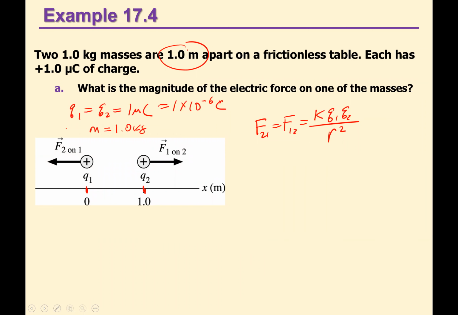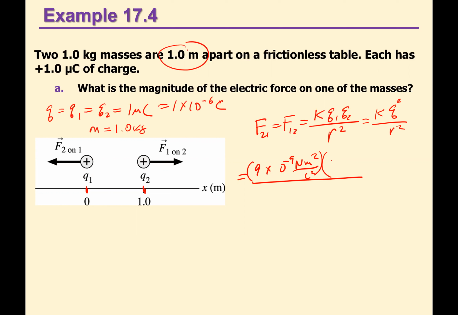So if I'm calculating this, then I can say it's k, which is 9 times 10 to the 9 newton meter squared over coulomb squared. Then times, well, here I can do this. It's k, since Q1 and Q2 are equal, I can just say Q and put Q squared, because they both are identical.